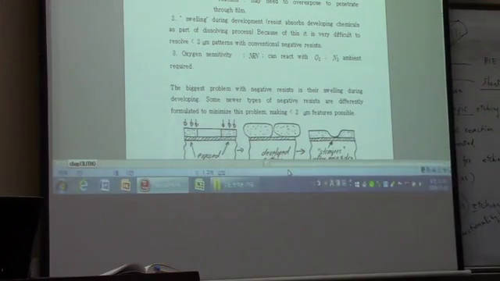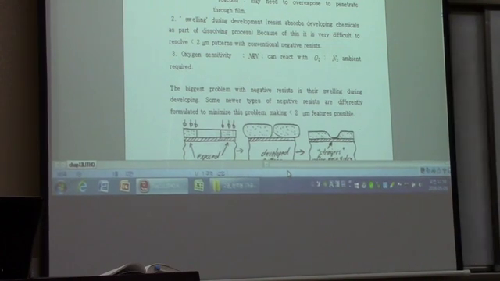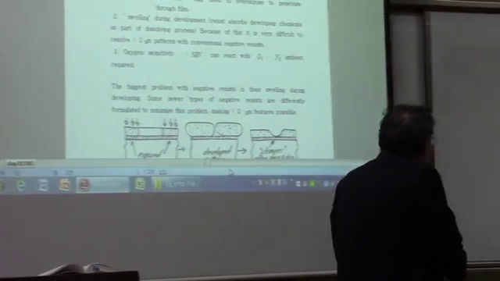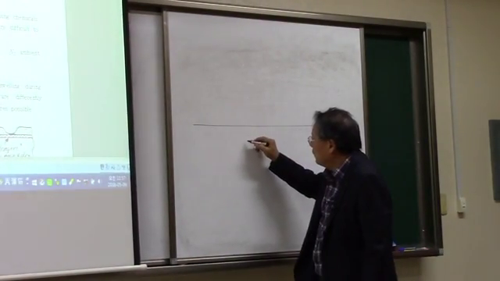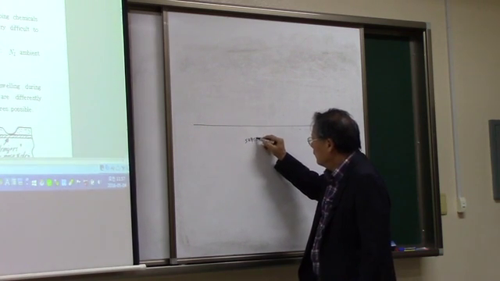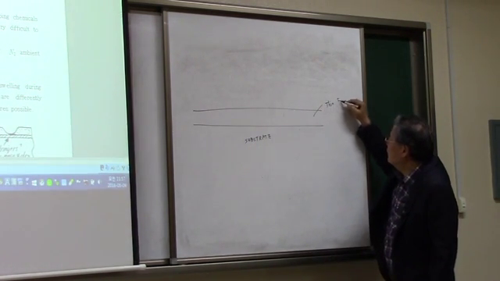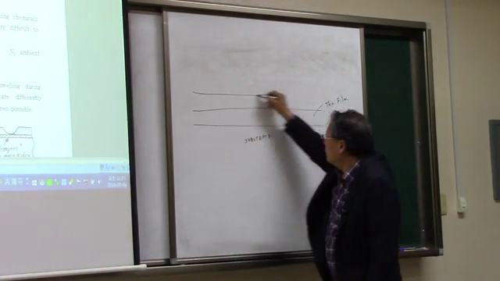This means, now, if you have a substrate and you have a thin film to be etched, to be patterned, and then you're going to have a PR, okay?